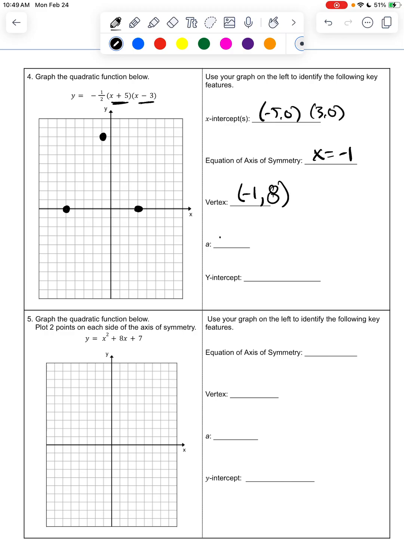Our a value is -1/2. And if I plug in 0 to get my y-intercept, it's not going to be a whole number, okay? It's going to be (0, 7.5). You can run that calculation. You can either plug in 0, or we know that because the a value is -1/2, we go right 1 and down 1/2 from that vertex.